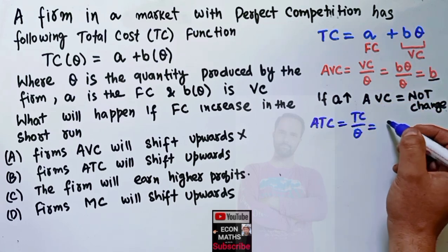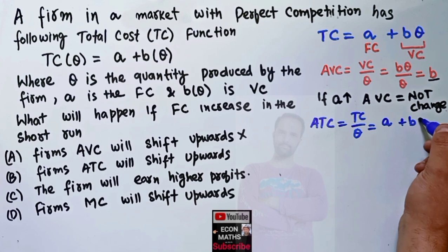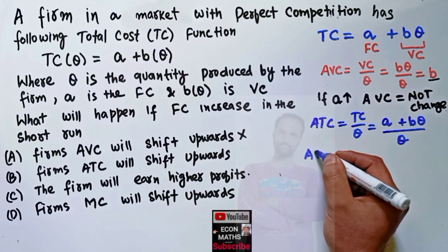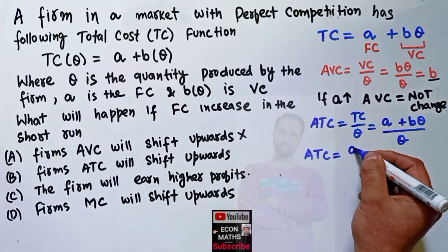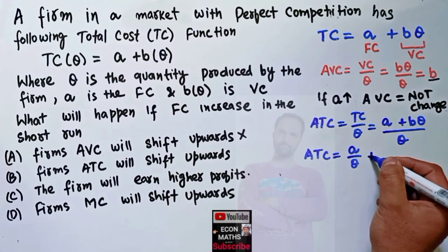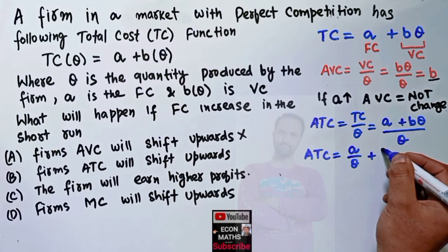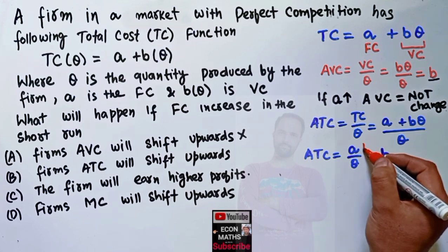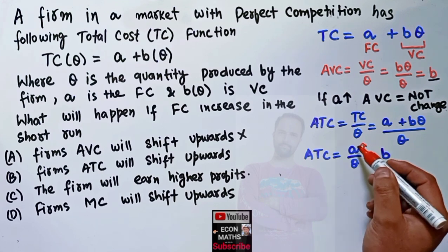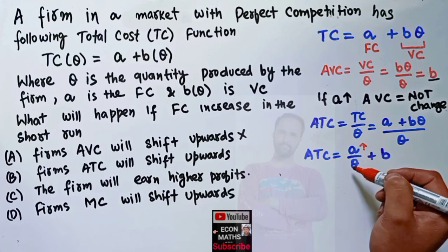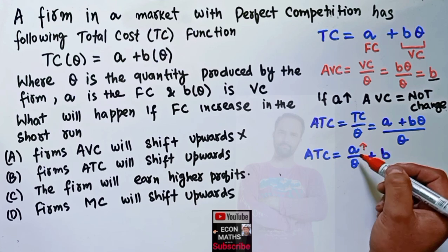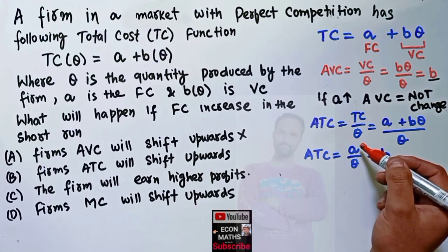Total cost is given as A plus BQ, and we divide by Q. That means average total cost is equal to A divided by Q plus BQ divided by Q, which is B. Now if A increases, that is if fixed cost increases, this term becomes larger.